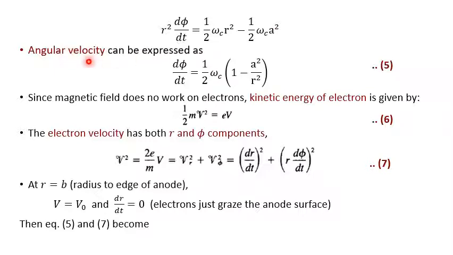From here we can get an expression for the angular velocity d phi by dt. After simplification, we get 1 by 2 omega c times (1 minus a squared by r squared).